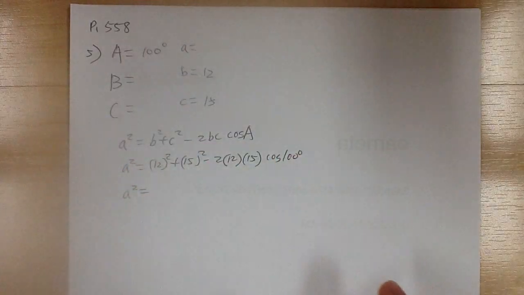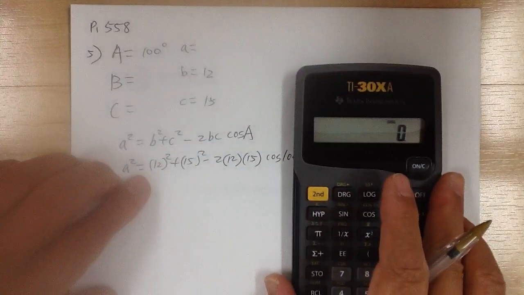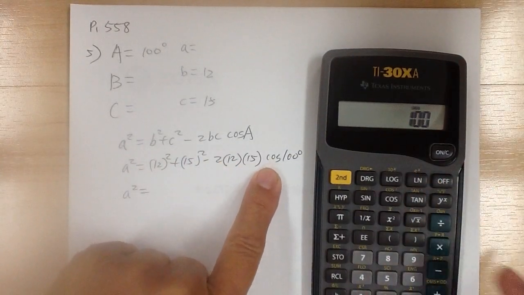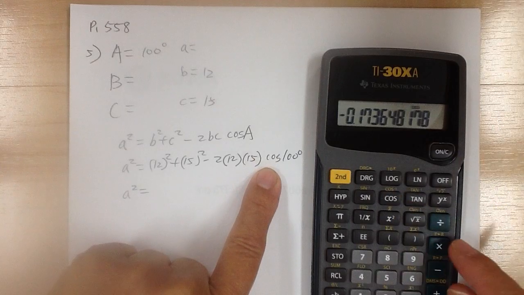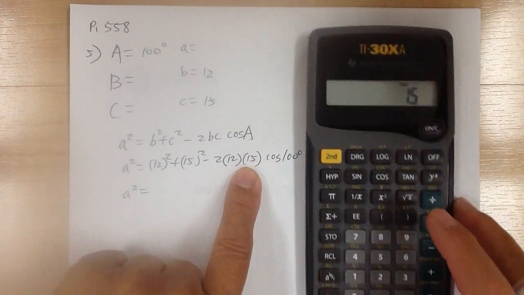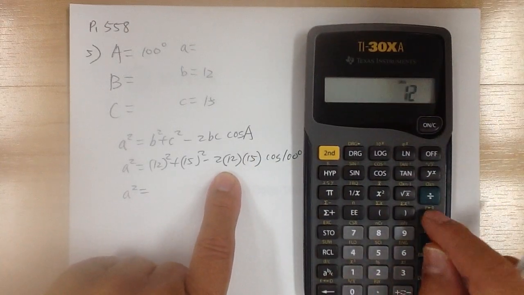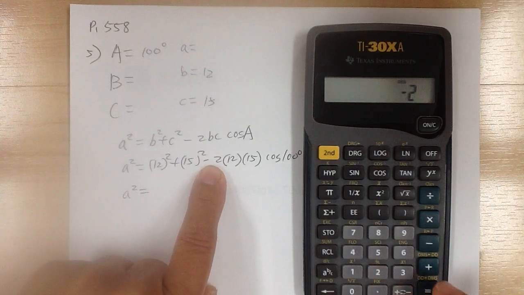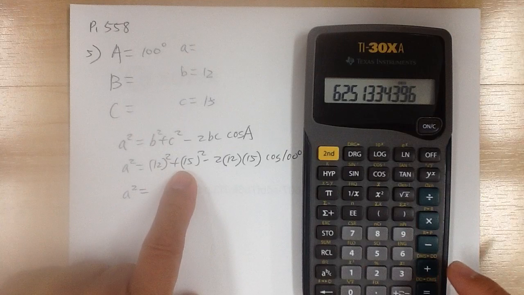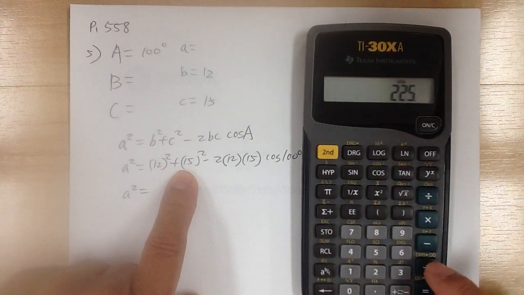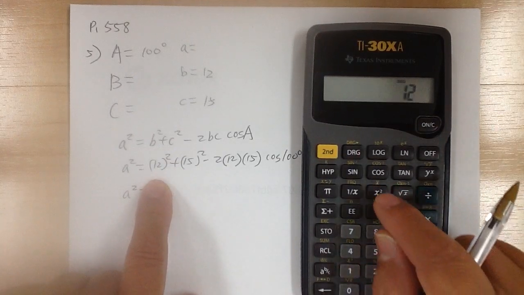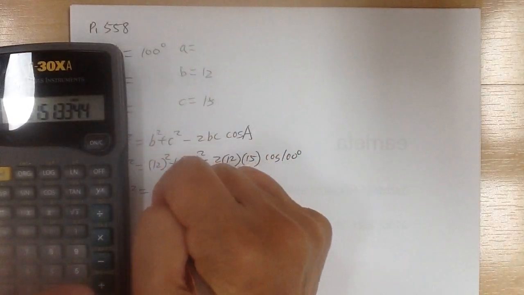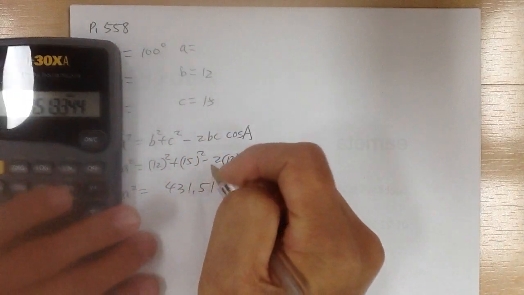Substitute all the numbers in. Okay, then enter all the information. Again, I like to work backward. So 100 cosine times 15 times 12 times negative 2, plus 15 squared plus 12 squared equals 431.51.